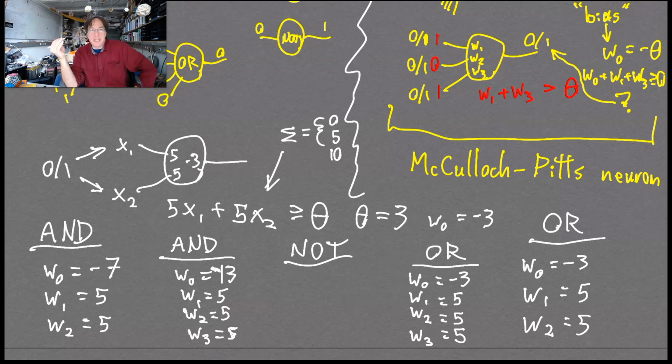And inhibitory inputs, our intuition says that should be a negative weight. So let's try a negative weight. We'll figure out the bias in a second. There's only one input, so we can say it has a weight of -5. Then what are the possible sums?